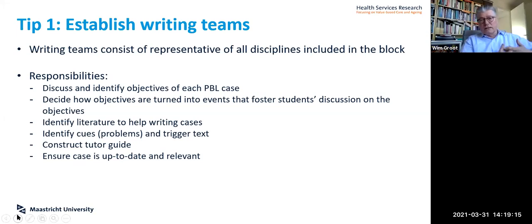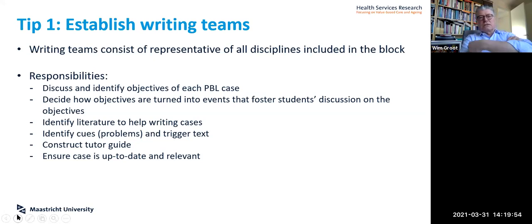For example, we here in Maastricht have blocks or units that cover an 8-week period, and usually within this 8-week period you have around 11 or 12 cases that the students discuss in the tutorials that they have. And as I showed last time, each tutorial meeting involves the pre-discussion of one case and the post-discussion of the previous case.